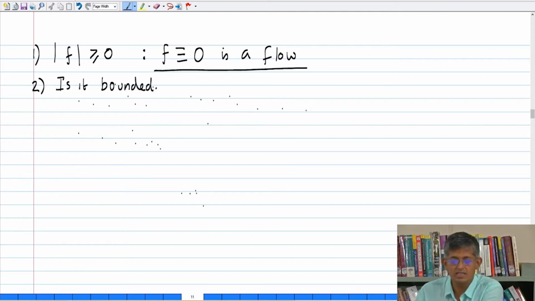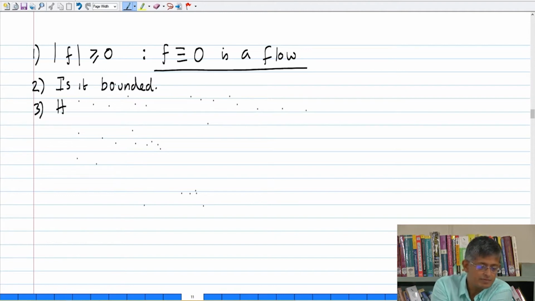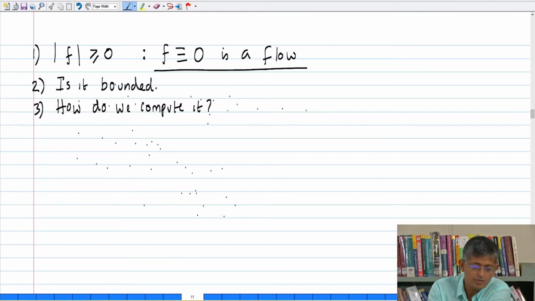Meaning, is it possible that for a flow network, the value of f is infinity? And the third question, how do we find it? How do we compute it, and secondly, we will be interested in how to compute it efficiently.